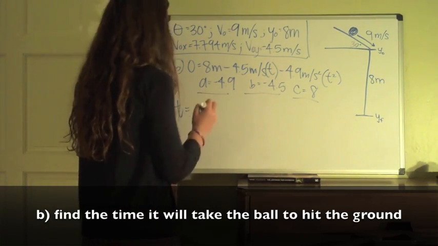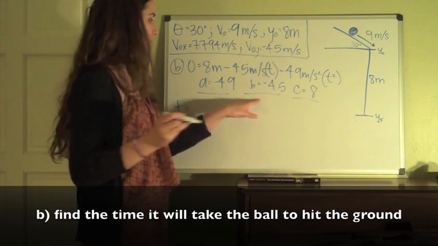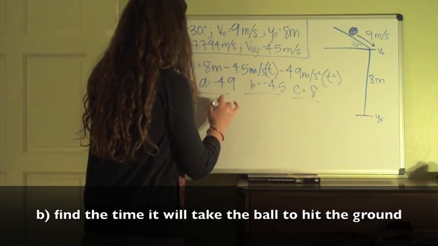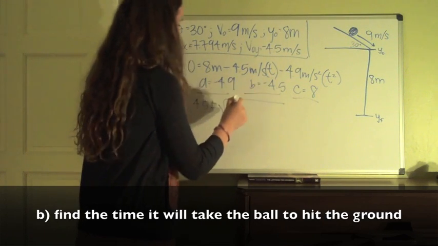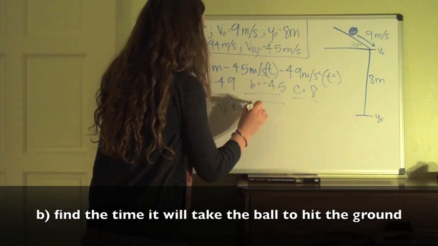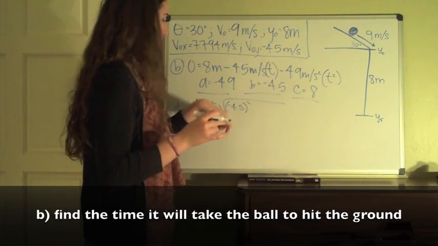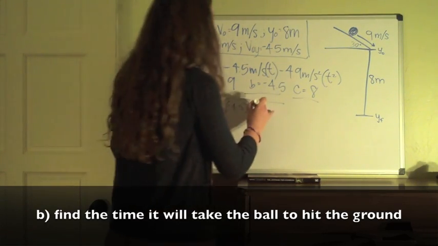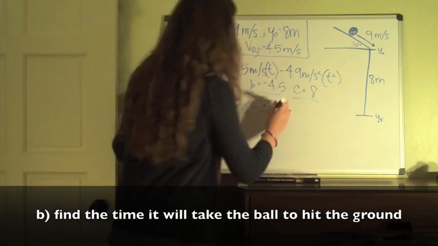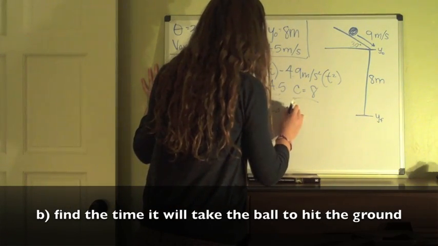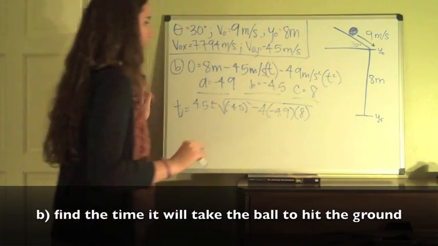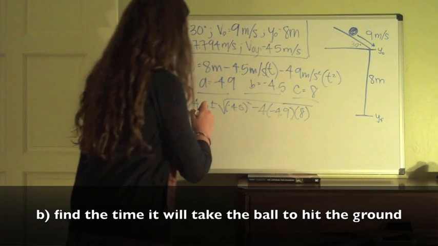So t is equal to negative b, which would then be positive 4.5, plus or minus the square root of b squared, negative 4.5 squared, minus 4 times a, which is negative 4.9, times c, which is 8, all over 2 times a.